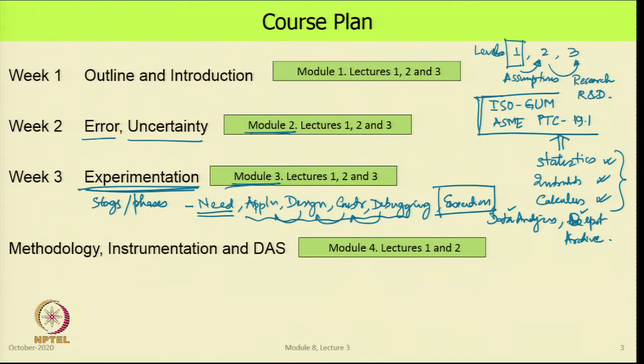Then we also saw how uncertainty analysis comes in at different stages. It is not that we just do an experiment and after that we say the uncertainty in the result was this much.